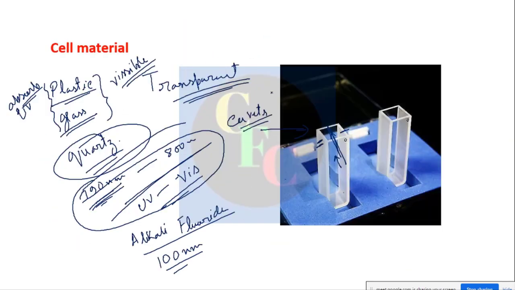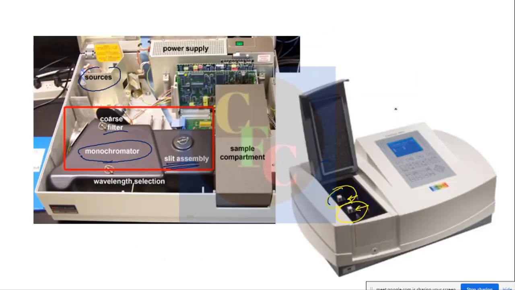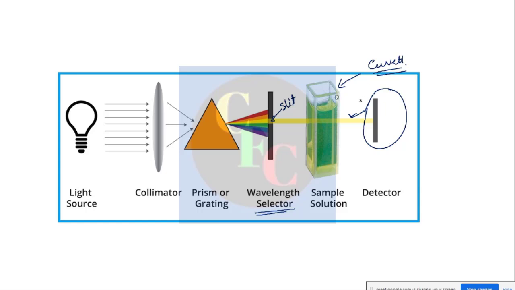Suppose this absorption is proportional to the concentration, and not only to the concentration, but also to the path length. What is path length? See, this is the path length, the length of the cuvette. It's not clearly shown here. Okay, so this is our path length.